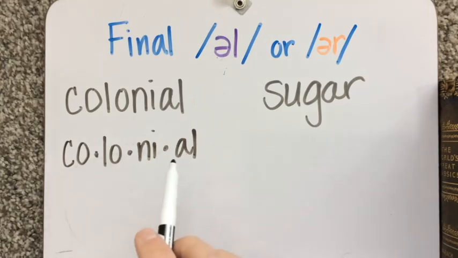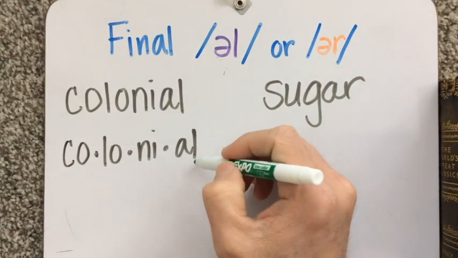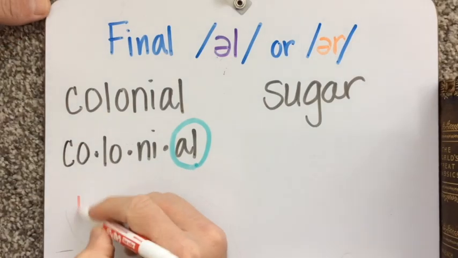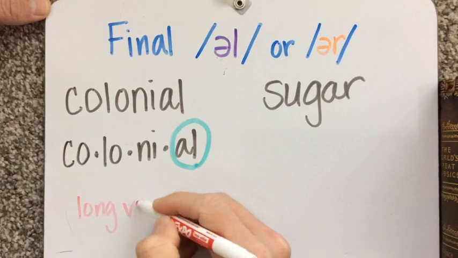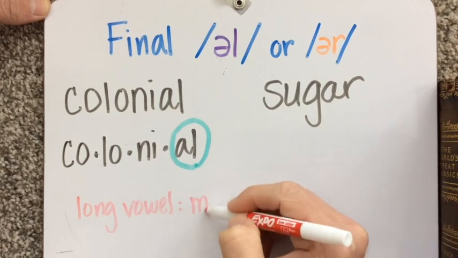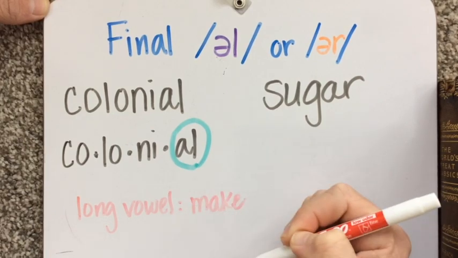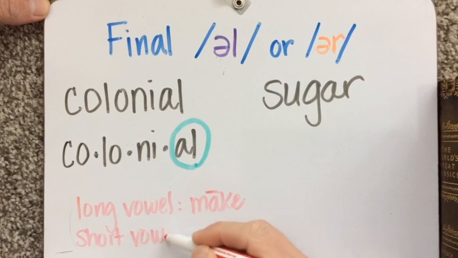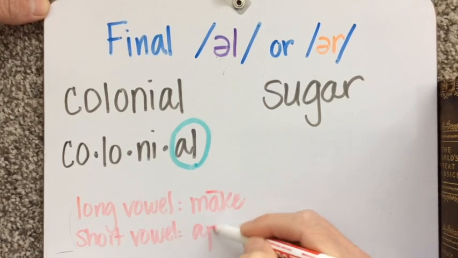When we look at colonial, let's look at that ending. You'll notice that we don't hear a long vowel or a short vowel in the end of colonial. Remember that our long vowels for A would be what you hear in make, so you actually hear the A sound, and a short vowel for A, an example could be apple.